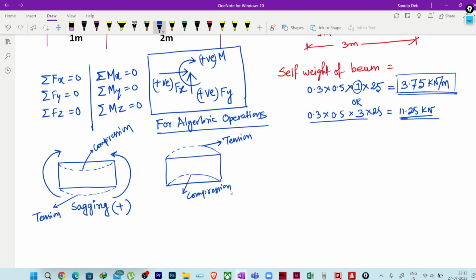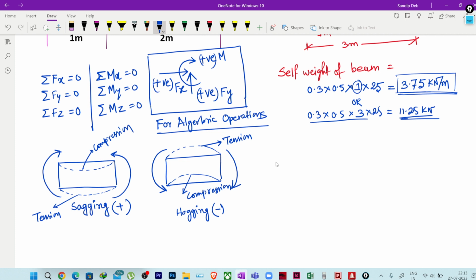This condition we call hogging, and we will consider it as negative. The moment will be something like this. You do not compare with the above one, this one is different. So this is hogging, that is sagging.